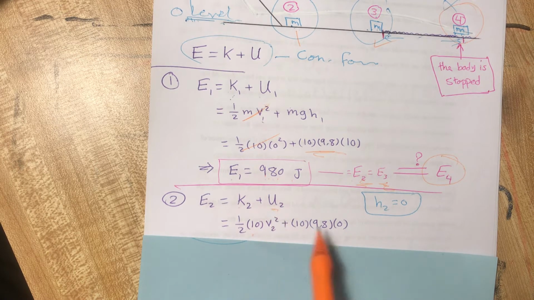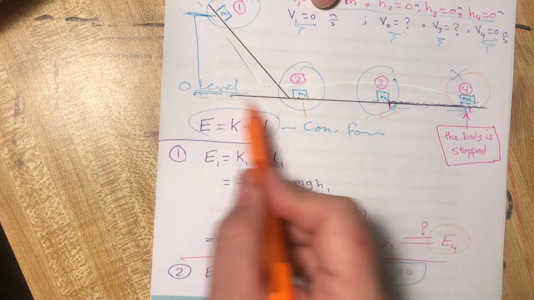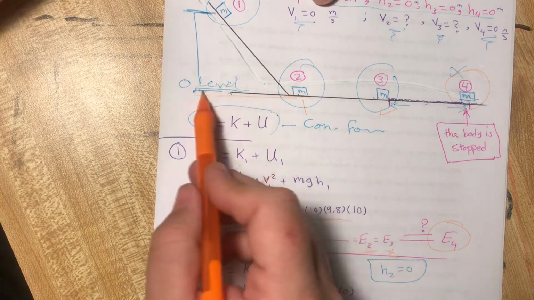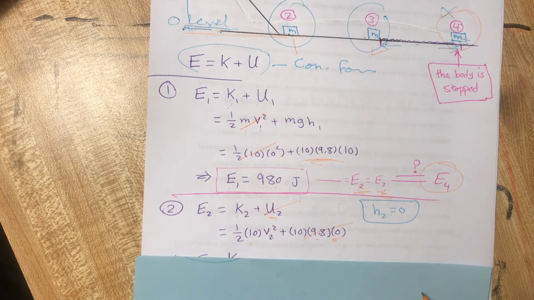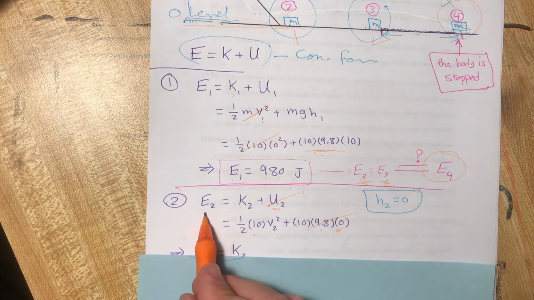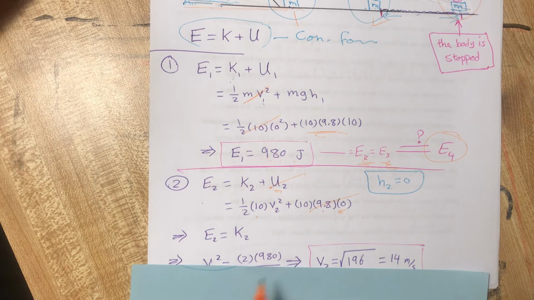The potential energy at this height is 0 because this is our reference. So all of our mechanical energy is kinetic energy.